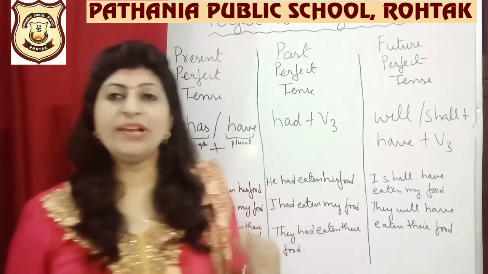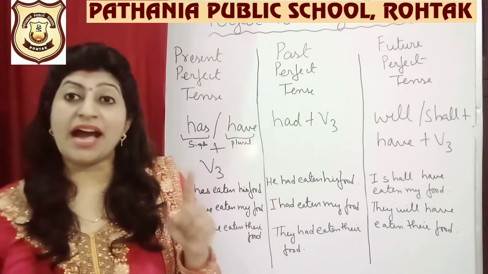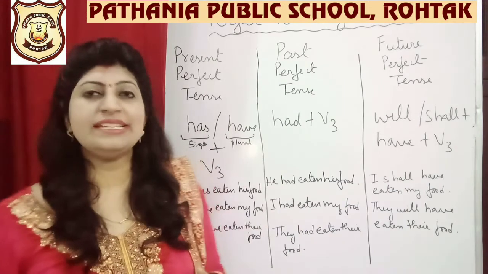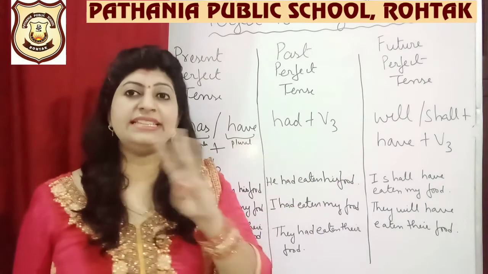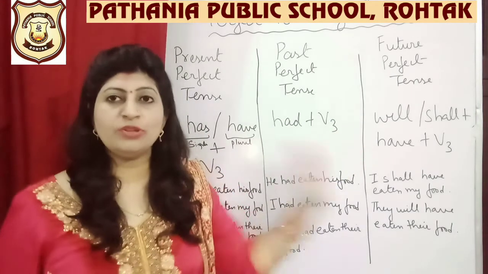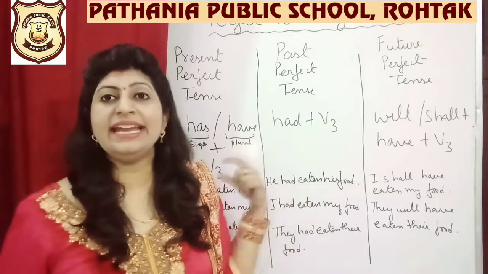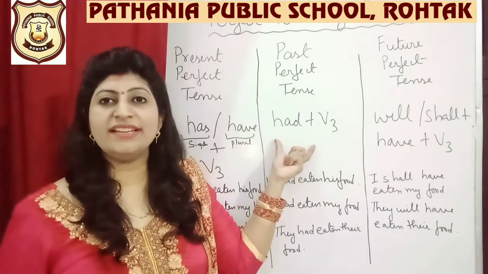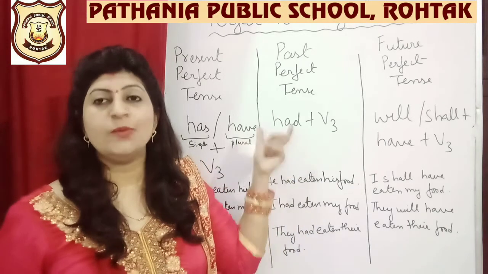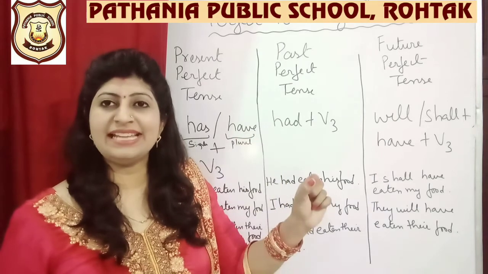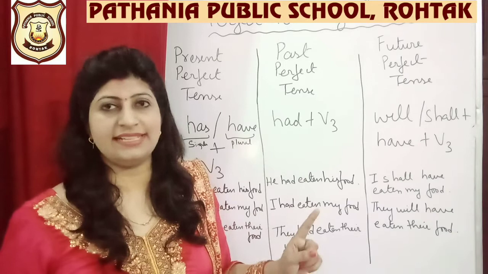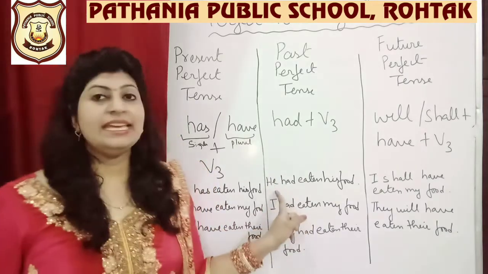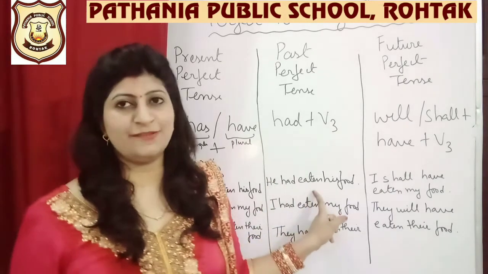How will you identify it is past perfect? When you see the word had and you see that the verb is in the third form. Third form is in all three, but what is the segregating factor? Here in the past, the word had. When you see had written in a sentence, you should know it is a past perfect sentence. For example, he had eaten his food.